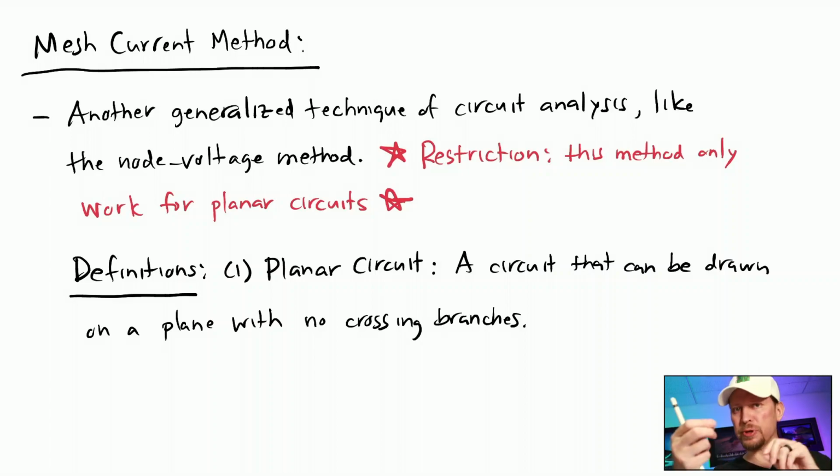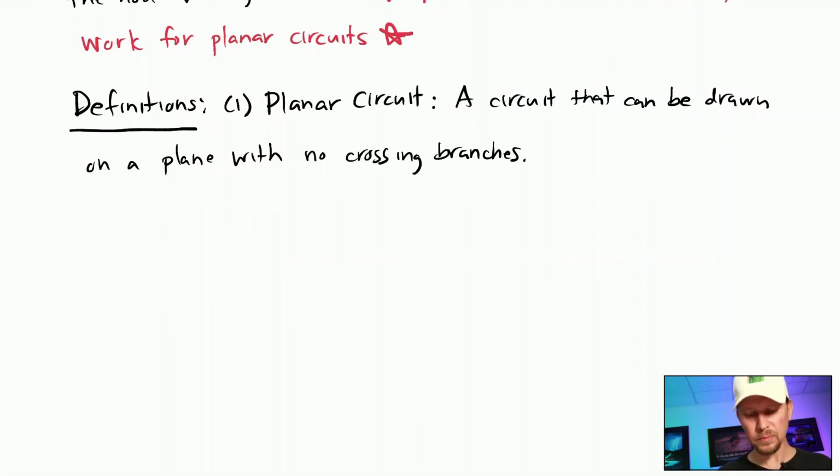You cannot rearrange the branches in such a way that they lie on a plane without branches crossing. Again, these types of circuits in practice tend to be relatively rare, right? There are some nice illustrations in the textbook also that show you when circuits are planar and when they're not. So I really recommend that you take a look at the textbook because they have some really nice examples there.